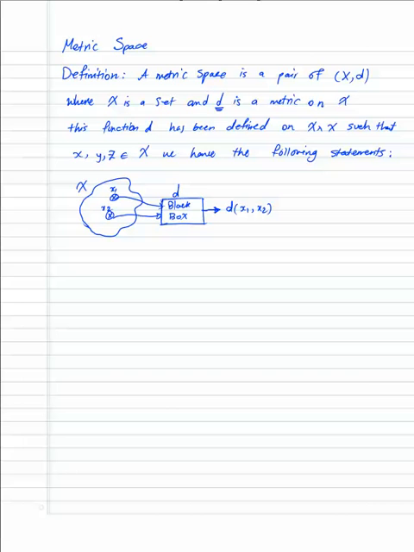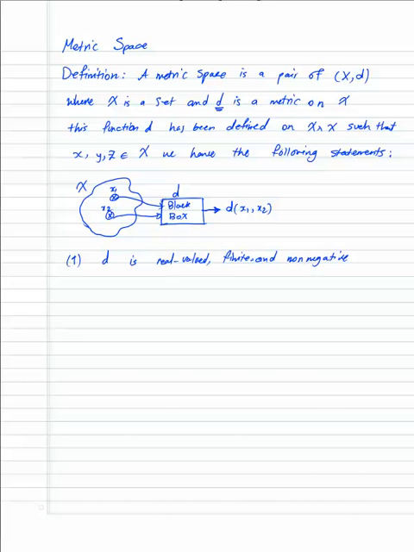Okay, what are these statements that a set and a function should satisfy for us to call it a metric space? First of all, D is real valued, finite, and non-negative.